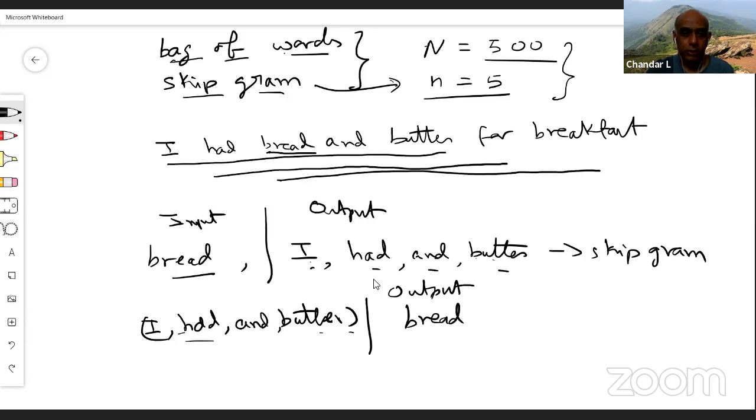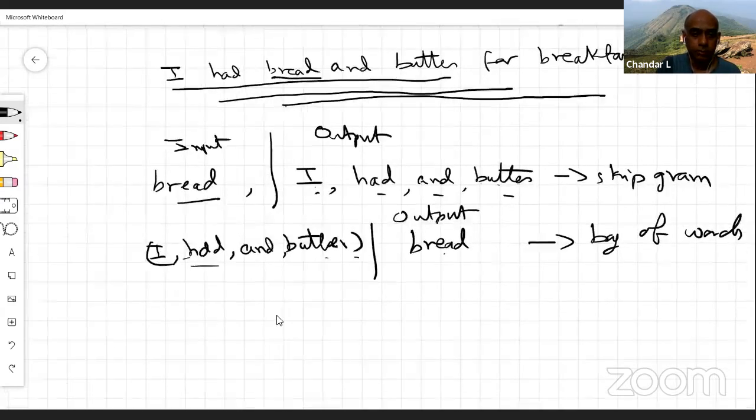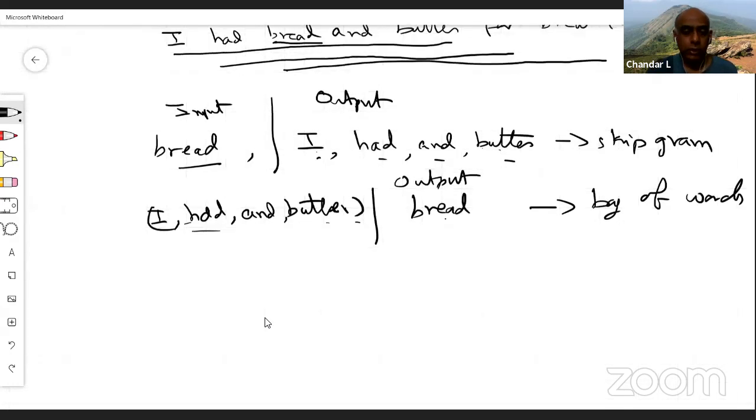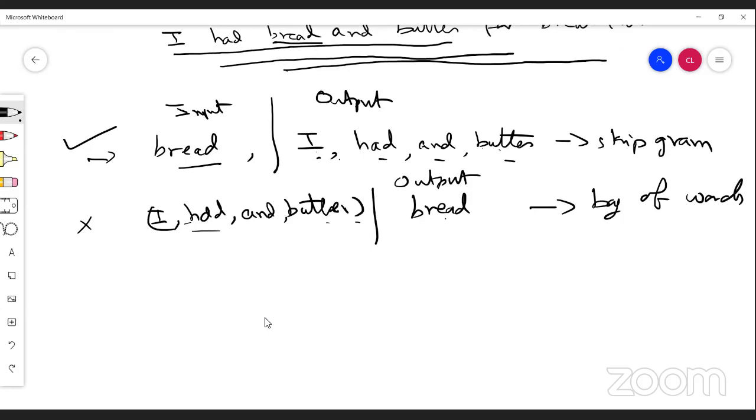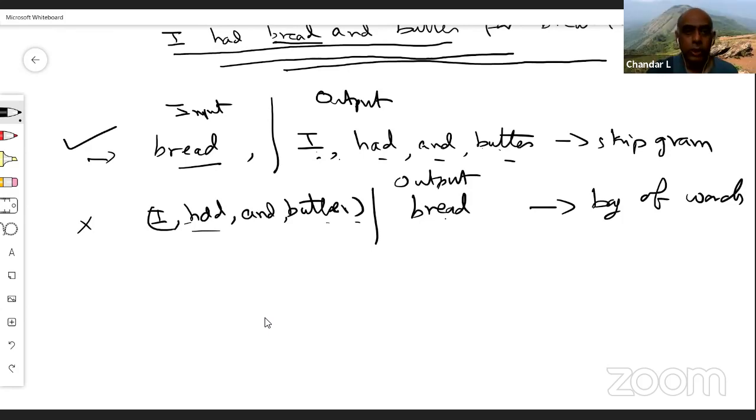This is called the bag of words approach. I'm mentioning this because there are these two approaches to doing Word2Vec. With the architecture I showed, with slight differences, you can do either one. And experimentally, people prefer skipgram. I think it takes slightly more time to train, but it gives more accurate results. So this is the skipgram approach.